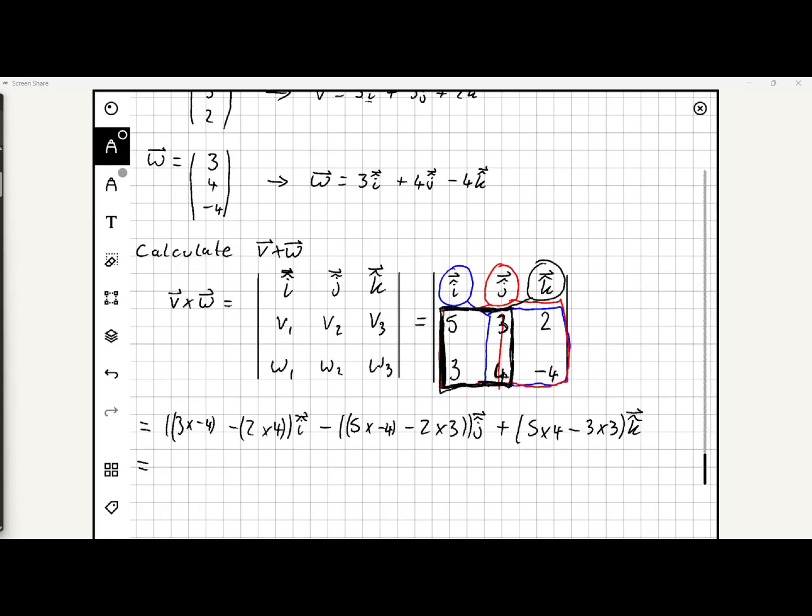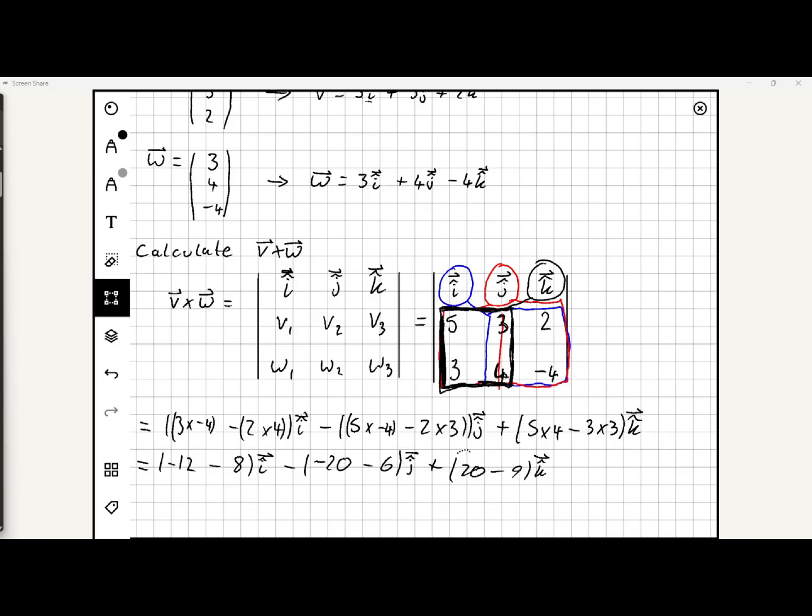Now, we do the individual calculations. We've got minus 12 from the first one, minus 8 from the second one here, times i. Then we've got minus 20, minus 6, times j. Then we have plus 20, minus 9, times k.